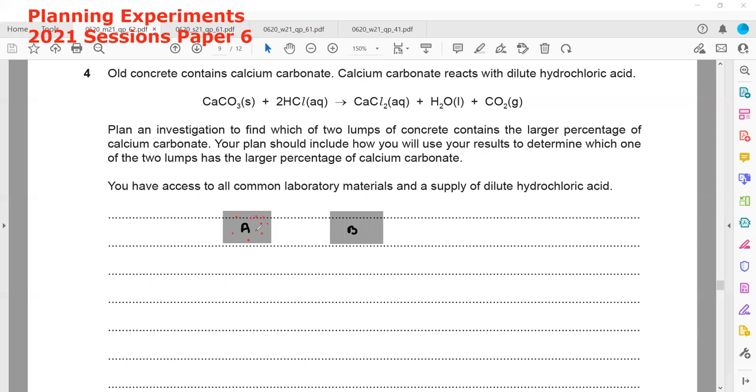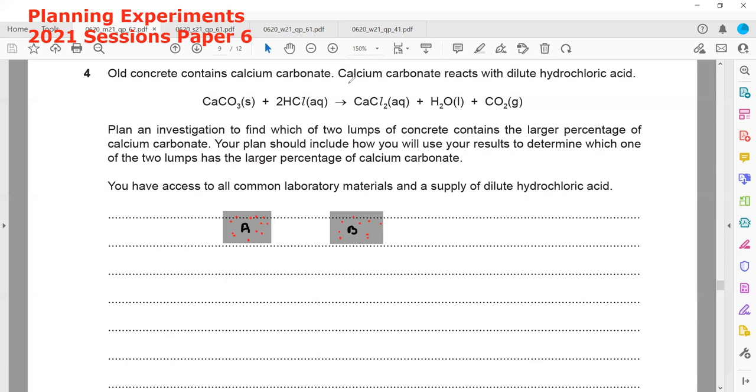For example, these red spots represent the calcium carbonate. Because these are lumps, to increase the rate of reaction we can crush them using a mortar and pestle, so that they have a large surface area and react faster.